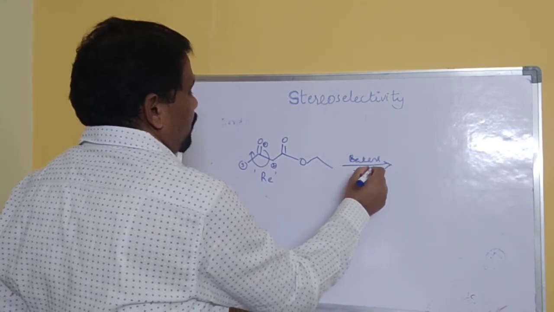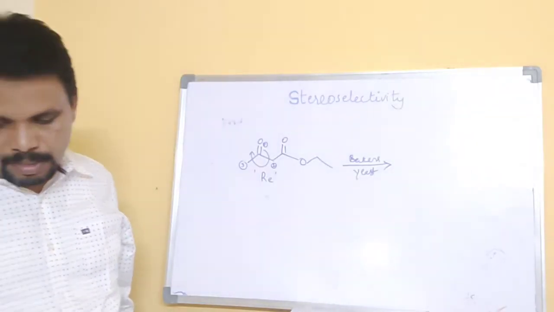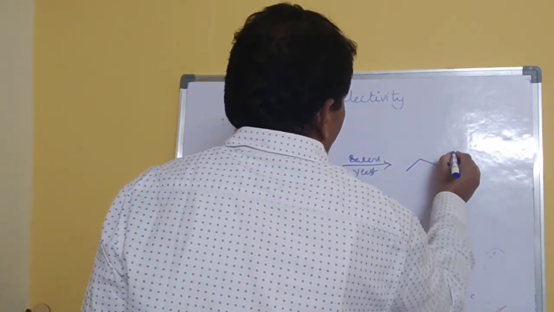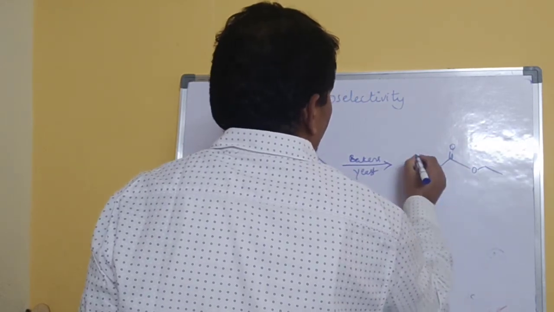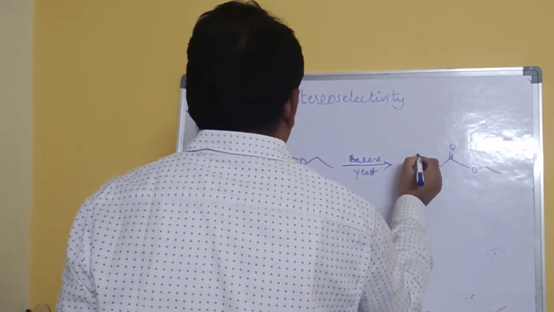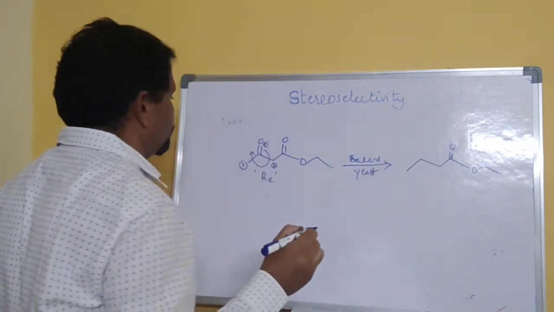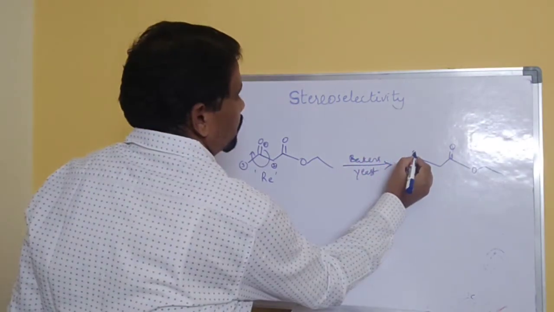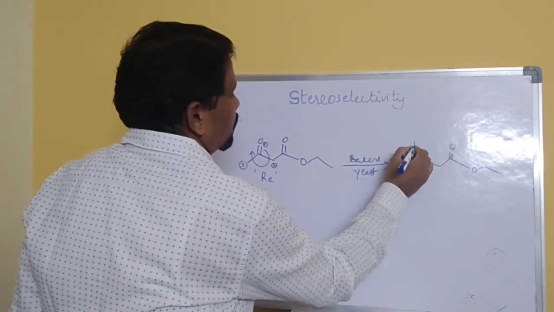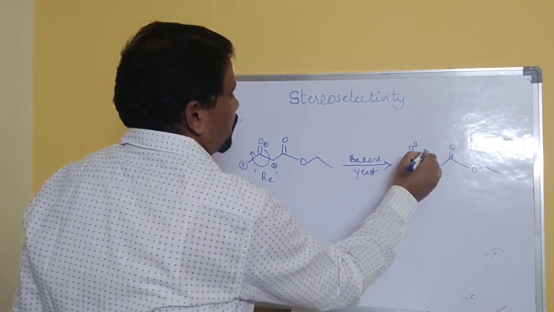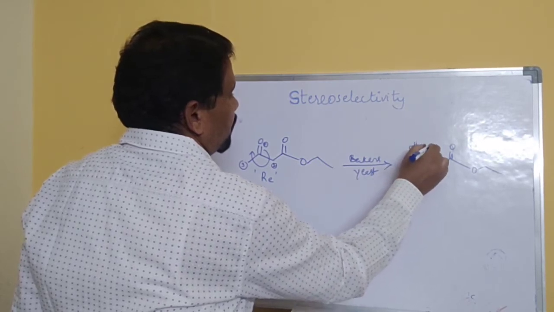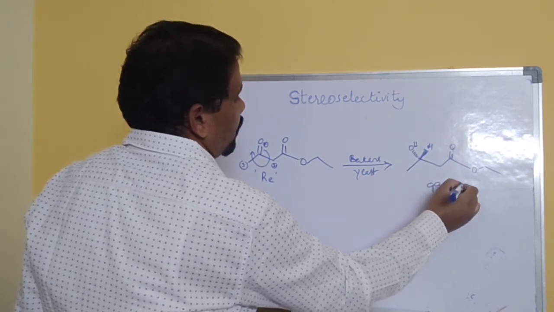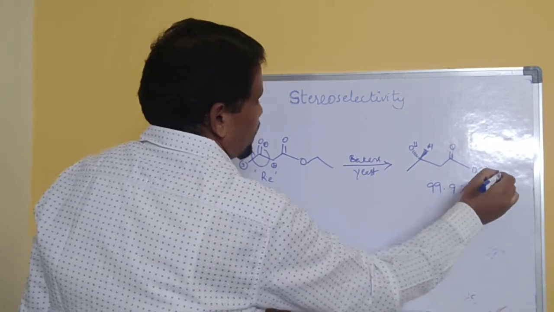If you react with Baker's yeast, you will get this product, which forms in 99% enantiomeric excess.